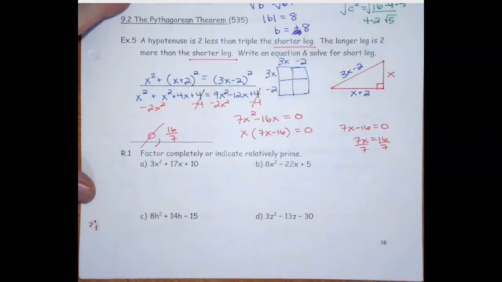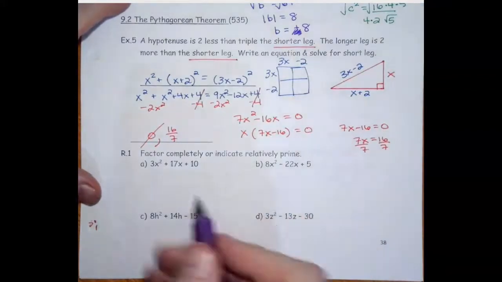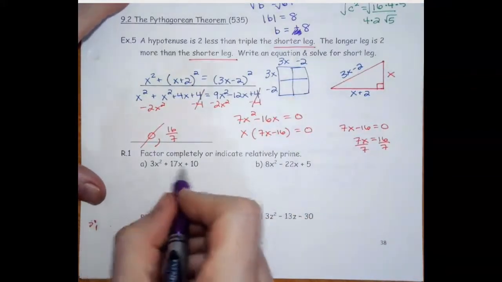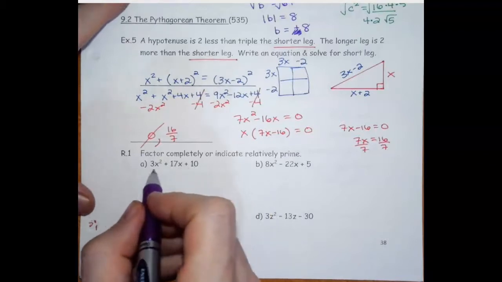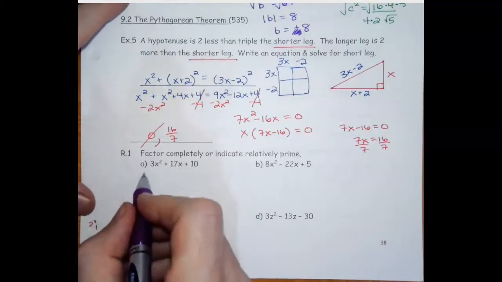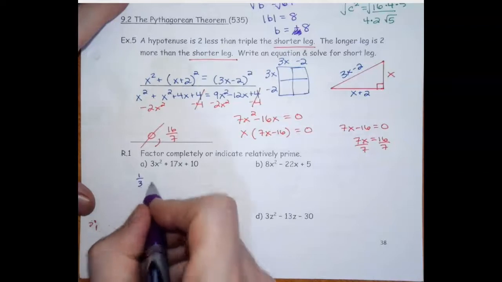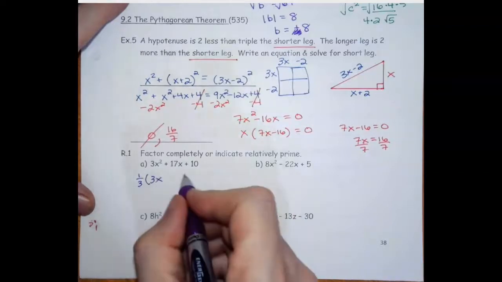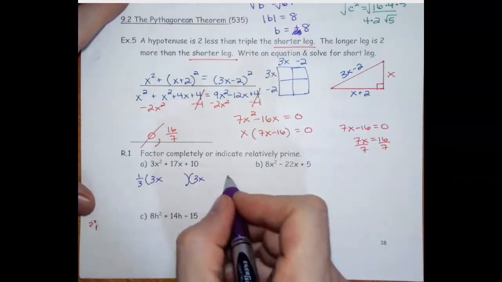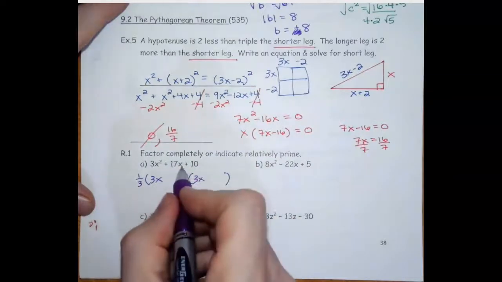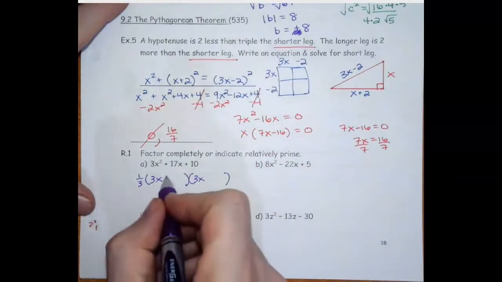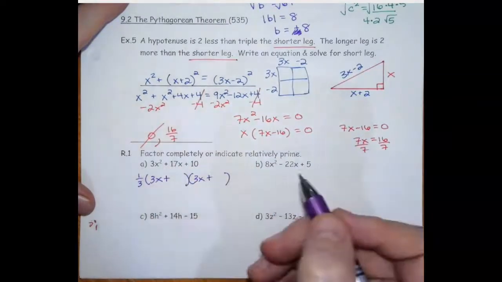And some factoring real quick down here. So no GCF, always check for a GCF. So we're going to do 1/3 and 3x, and this is plus, so they're the same sign, and this is plus, so they're both plus.